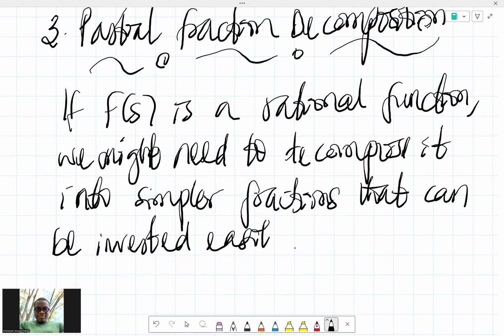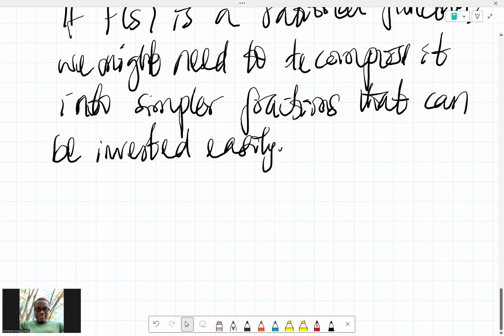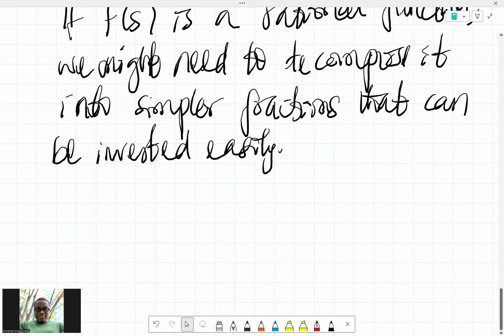If you have rational functions, sometimes you don't know for sure how to take it back to the time domain. By the time you decompose using partial fractions, you can actually do that.